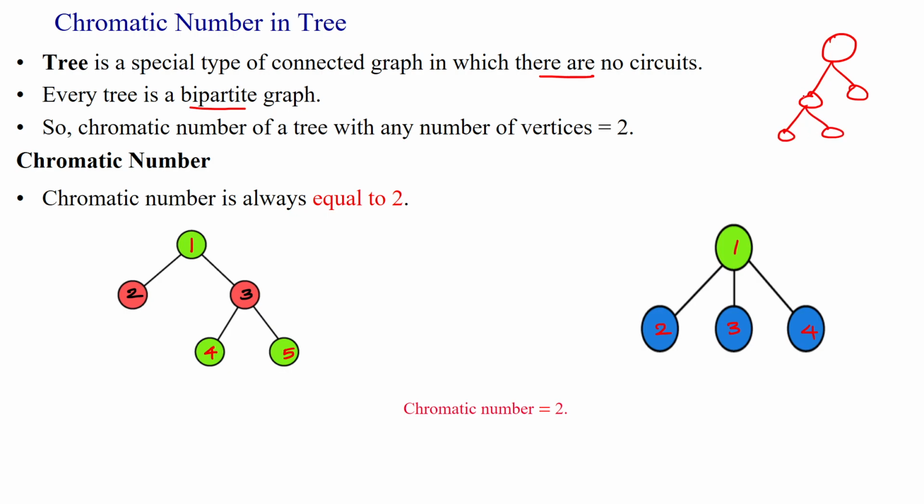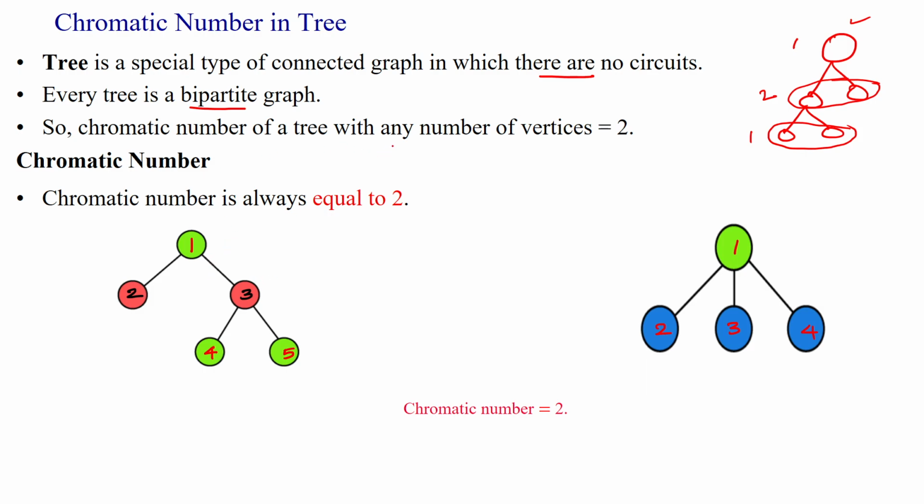So here we can color this level with one color, and these children can be colored with another different color. Again these children can be assigned the color which is available here. So this is assumed to be a bipartite graph.